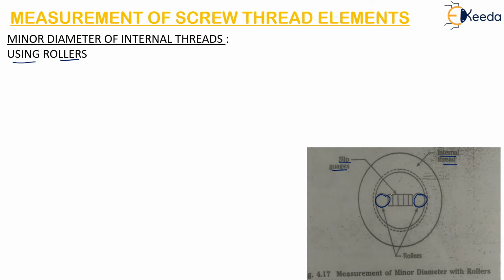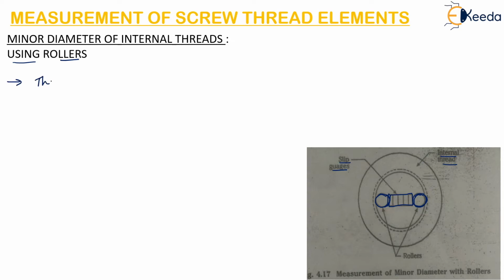The slip gauges will be of suitable length such that they will not allow the movement of the rollers from the internal thread, and they will place the rollers inside these internal threads.